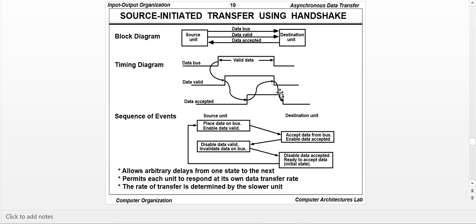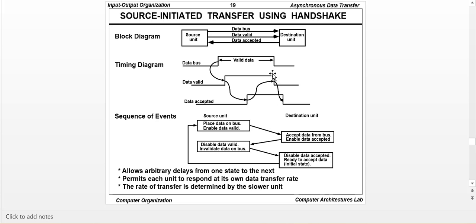Okay. So here you will see that the falling edge of data valid is somewhere here, before the falling edge of data accepted. So first the data valid signal will be disabled and after some time the data accepted signal will be disabled. So disable data valid and invalidate.